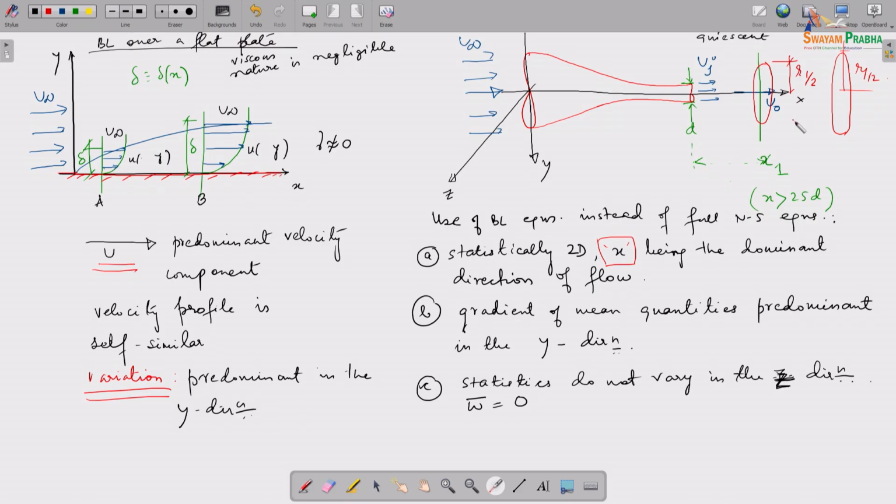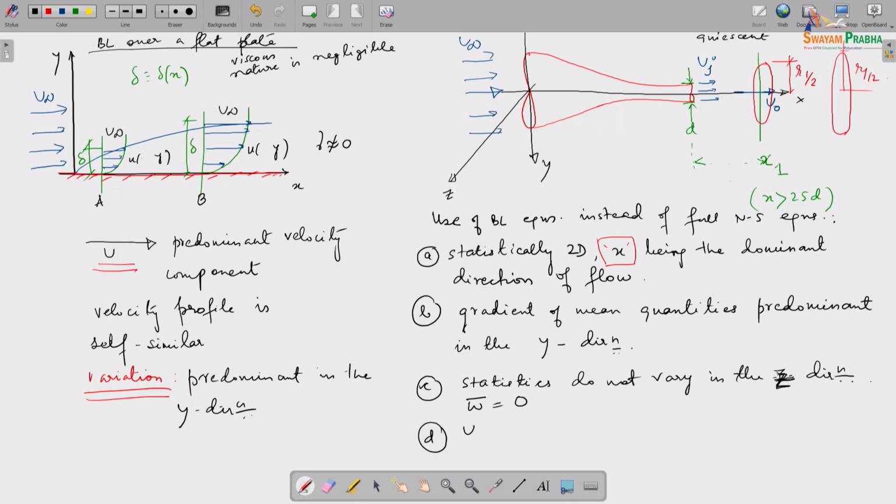That sort of definition is not required beyond the jet half width because the flow is quiescent there, which is similar behavior to the boundary layer. But it's interesting because in this case we're considering turbulence, and here we're looking at viscous nature. Okay, I should write that as well, I guess. Let me just write that there.